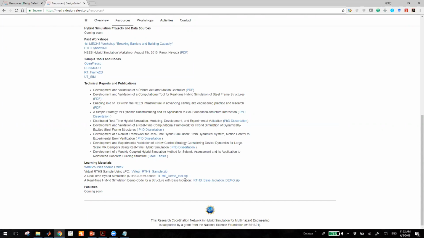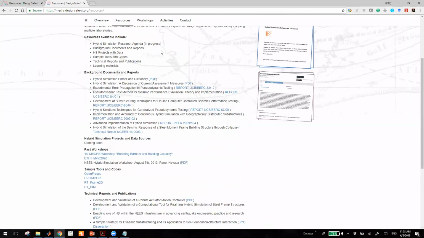The last one is similar to the previous one, but is focused on base isolation. We also encourage and appreciate contributions from advanced users and other developers, if you have your own material and think you can help the community. So that is the introductory material for the MECHS.